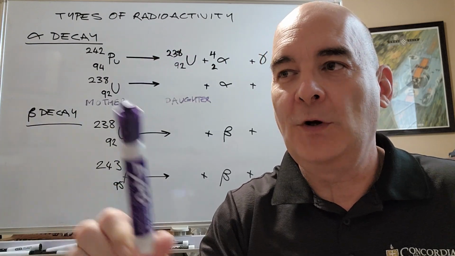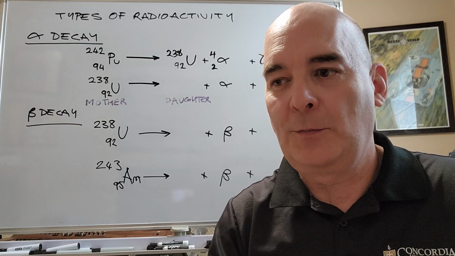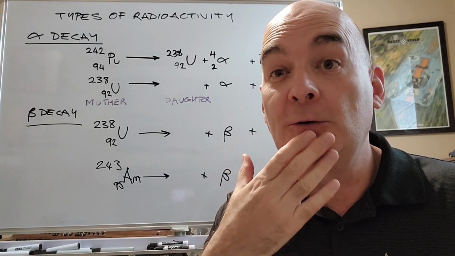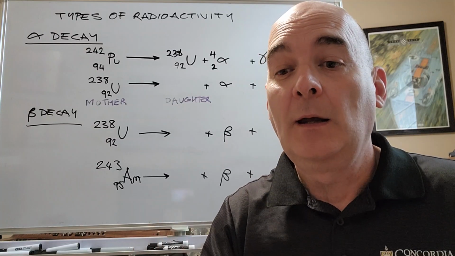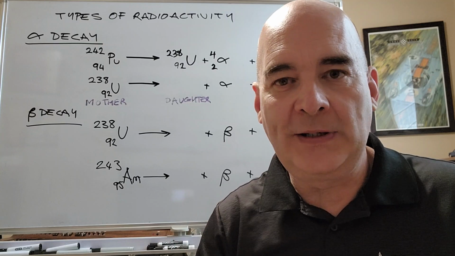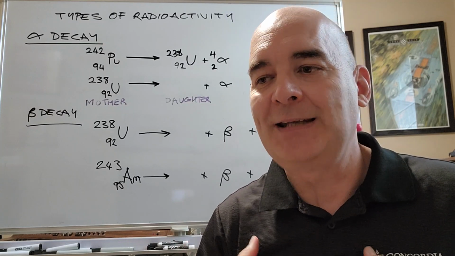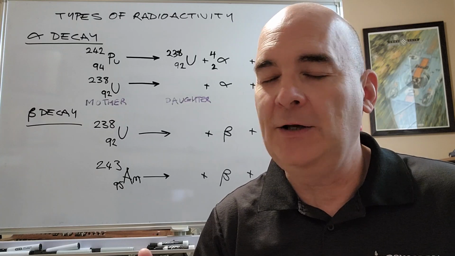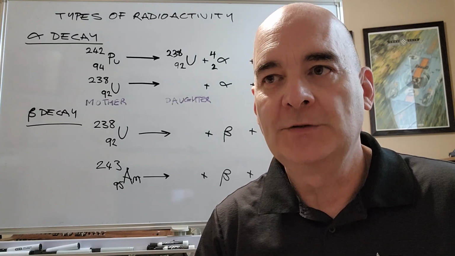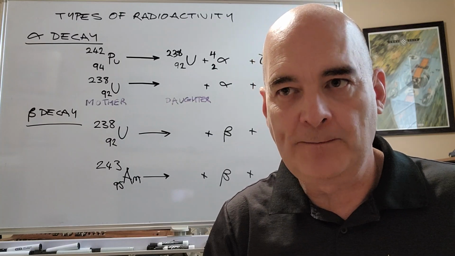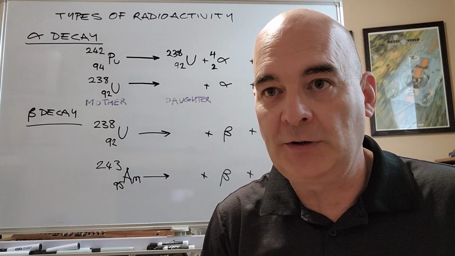But if it were to be dust or any kind of particulate matter that then entered my body through my nose or through my mouth or through an open cut, that would be incredibly dangerous, because as an ingestion hazard, alpha particles are incredibly toxic. So alpha particle is an ingestion risk, but is not an exposure risk.